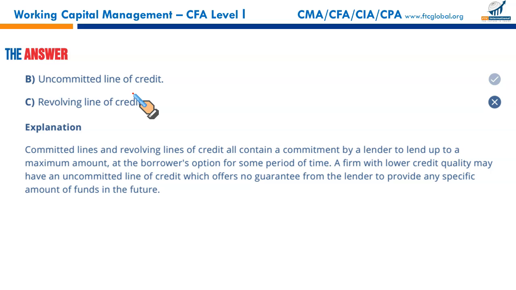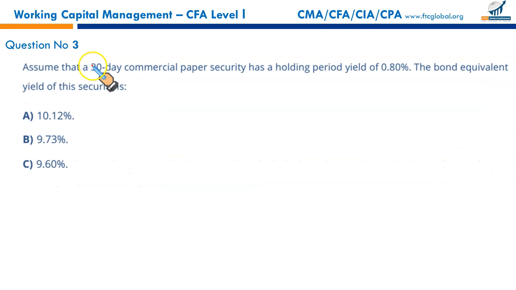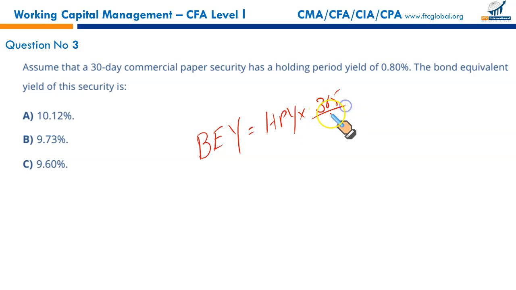Next, assume that a 30 days commercial paper security has a holding period yield of 0.8%. So holding period yield is given as 0.80, and we need the bond equivalent yield for this security. We have a formula to calculate the bond equivalent yield. It is equal to holding period yield times 365 divided by maturity days, which in this case are 30 days.